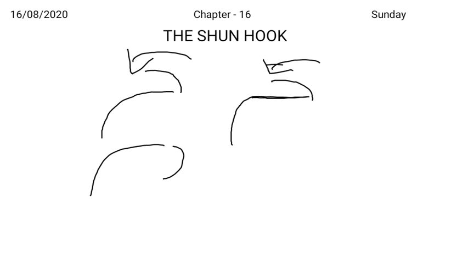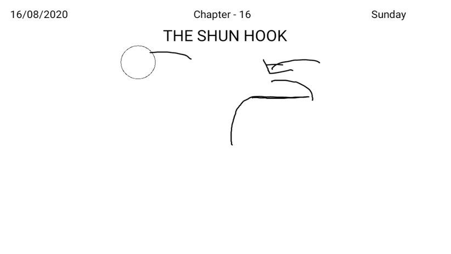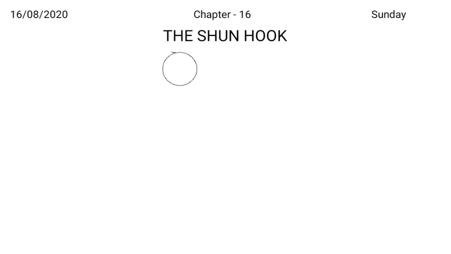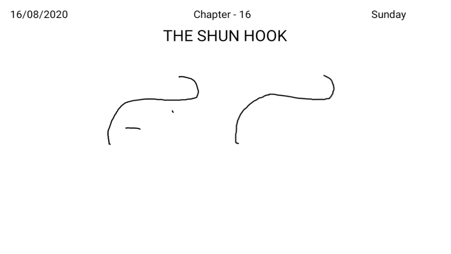To maintain the straightness of stroke K and G, after LK and LG, the Shun Hook is written with the left motion. Example, location, legation, etc.